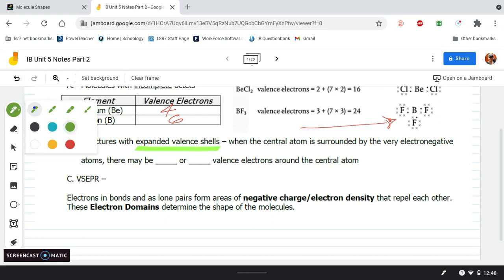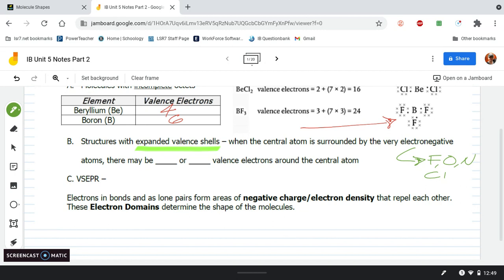What it says here is that when the central atom is surrounded by very electronegative atoms, things like fluorine and oxygen and nitrogen and chlorine, which are all pretty electronegative, then you can have more than normal.